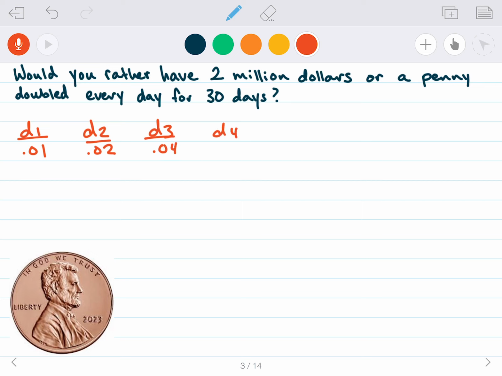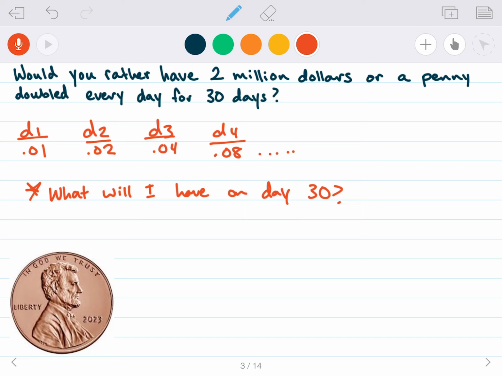On day 4, I have 8 cents. And so forth. And the question is, what will I have on day 30? What will I have on day 30 if this pattern continues?